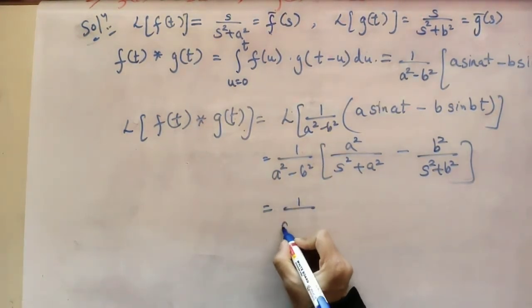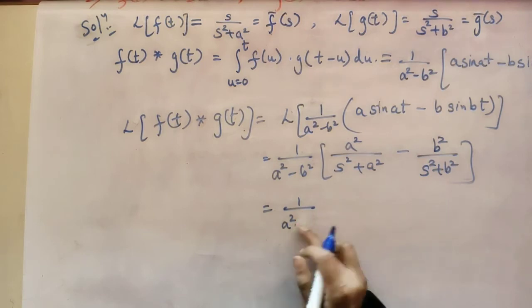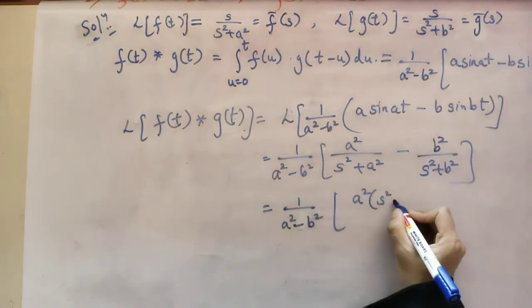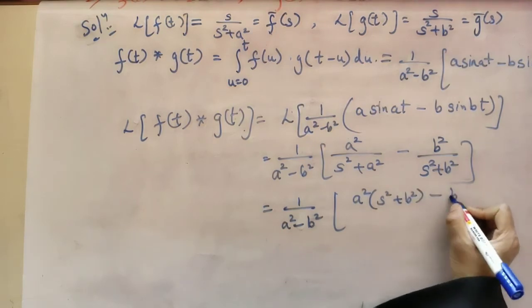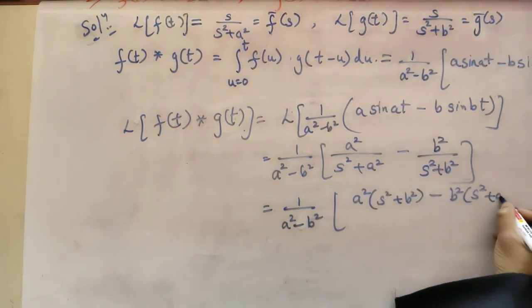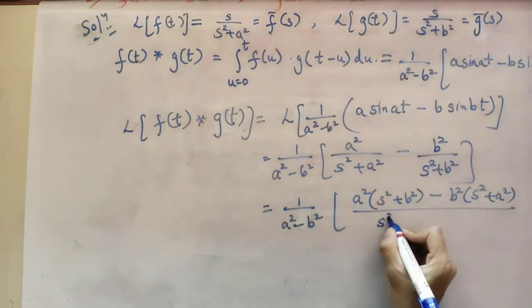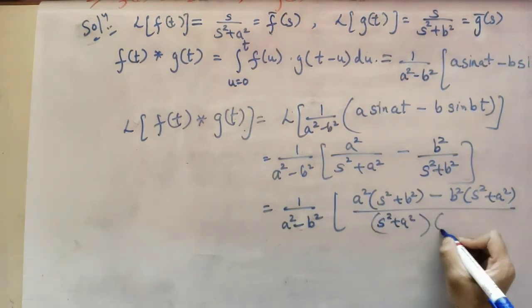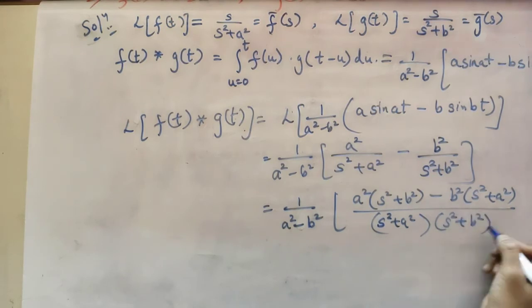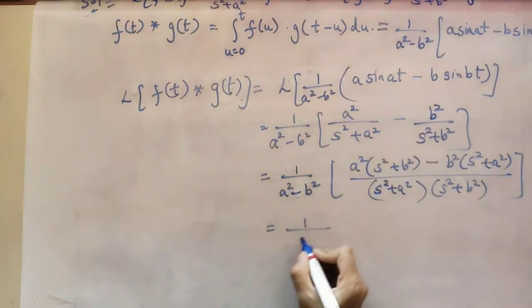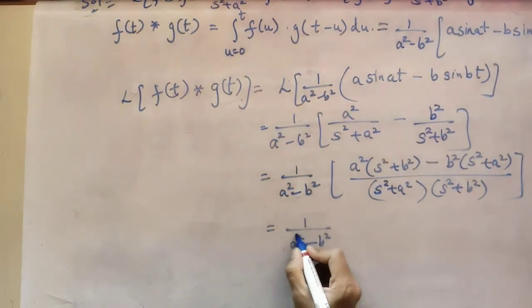So we have 1 divided by a square minus b square into a square into s square plus b square minus b square into s square plus a square, divided by s square plus a square into s square plus b square. You will get it something like this. Now try to simplify this further. 1 divided by a square minus b square.